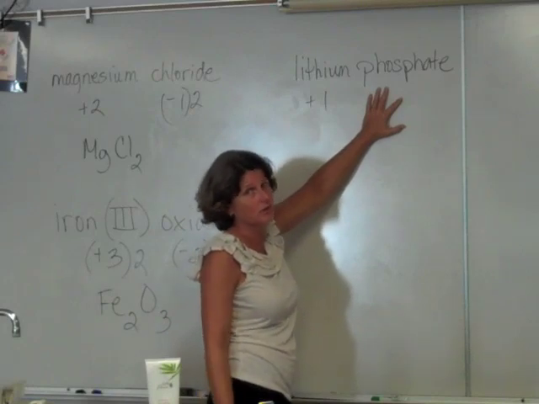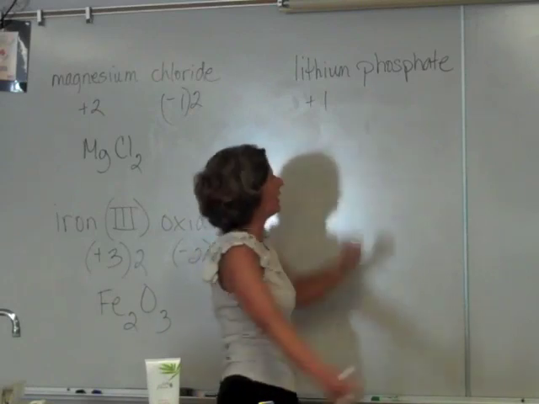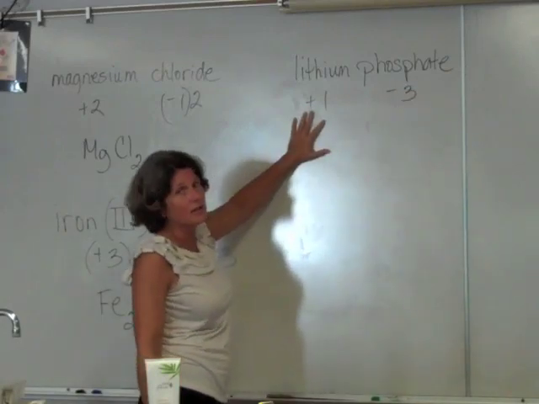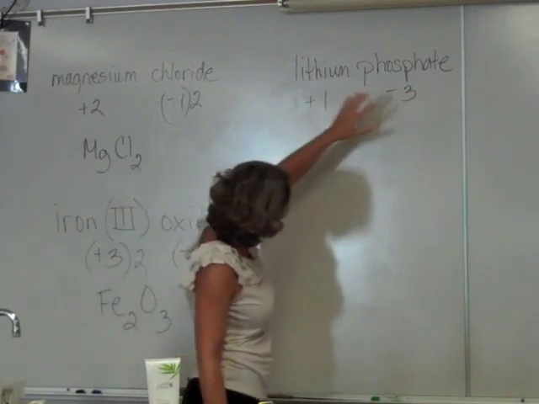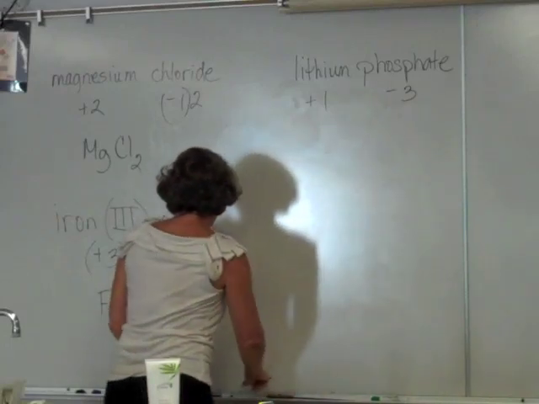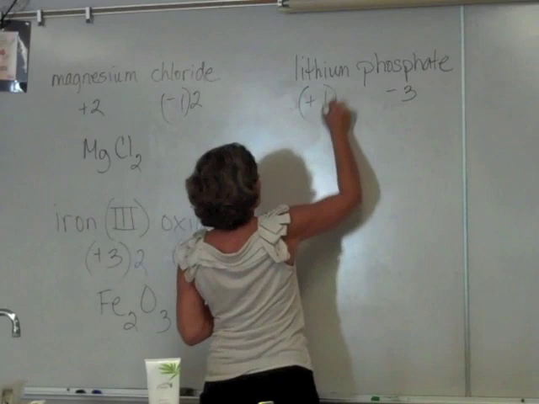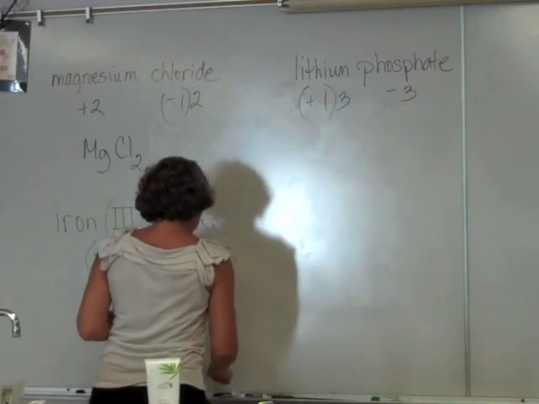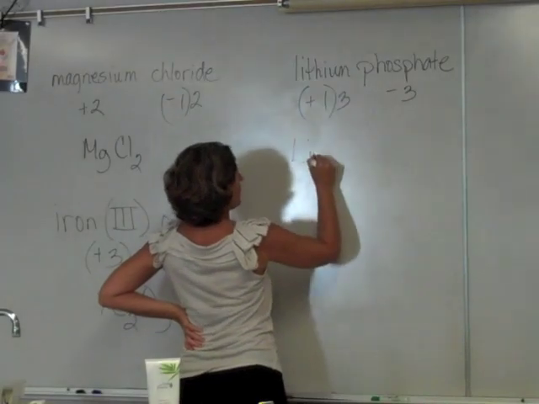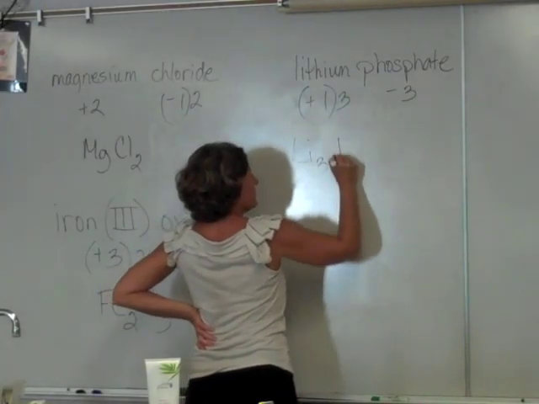Well, we should. PO4 negative 3. So how many lithiums do we need to electrically balance this negative 3? We need 3 of them. So this is going to be Li3PO4.